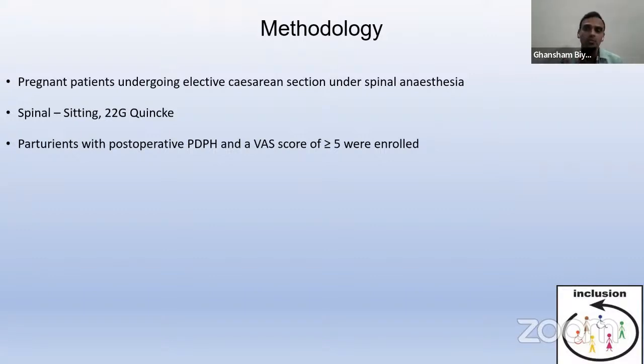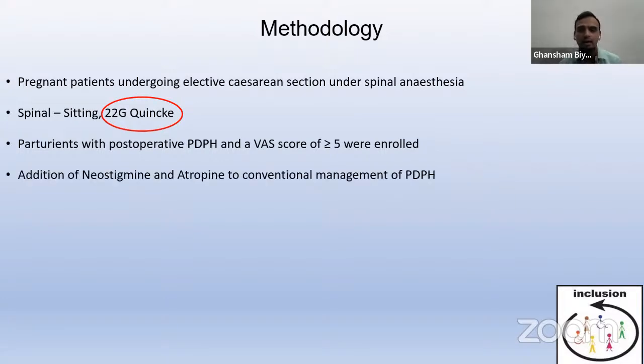And the rest of the patients who were having PDPH, but if the VAS score was less than 5, were not enrolled into this study. Yes, they have used a 22 gauge Quincke needle, which is not a normal standard practice. But when you read the RCT, the authors have clearly mentioned that this is the best type and size of the needle available at their institute because of the cost and other logistical issues. And I think we should respect that.